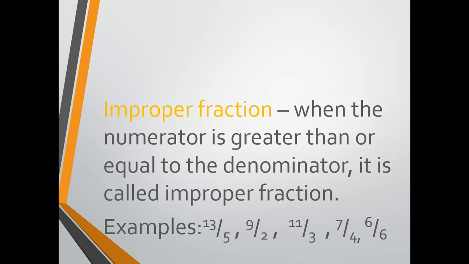Can you repeat those examples to yourself? 13 over 5, 9 over 2, 11 over 3, 7 over 4, and 6 over 6. Let's continue with the class. Any question? Remember, numerators are numbers up, denominators are numbers under. Okay?